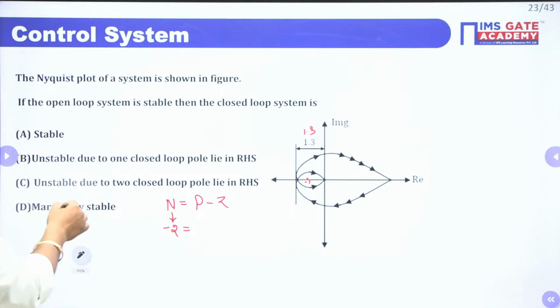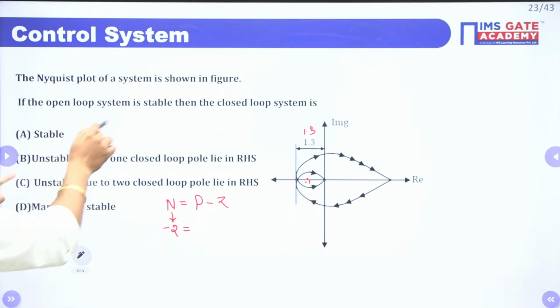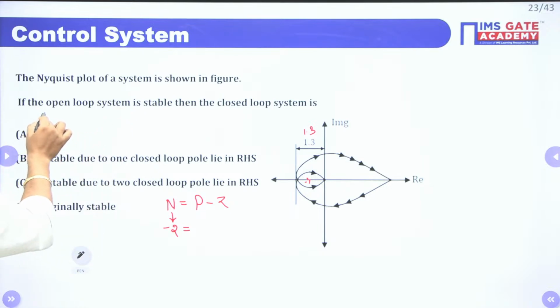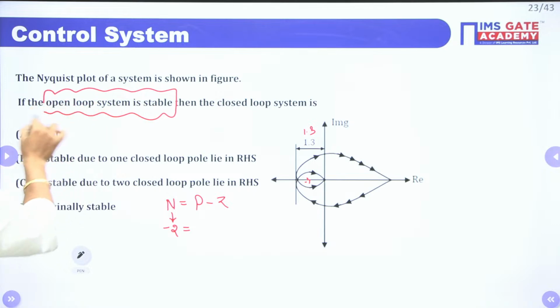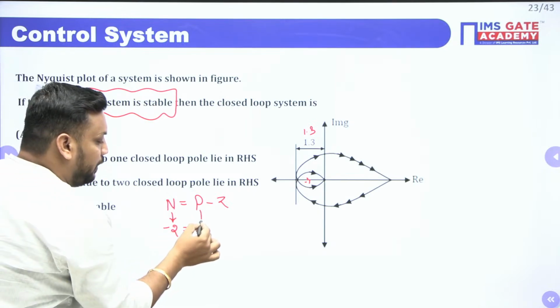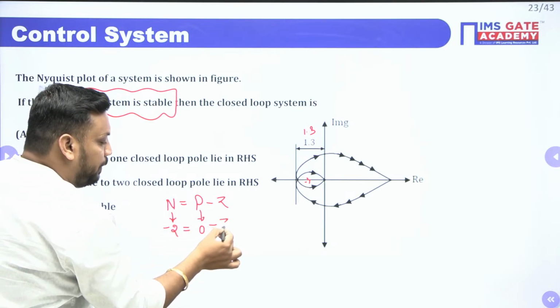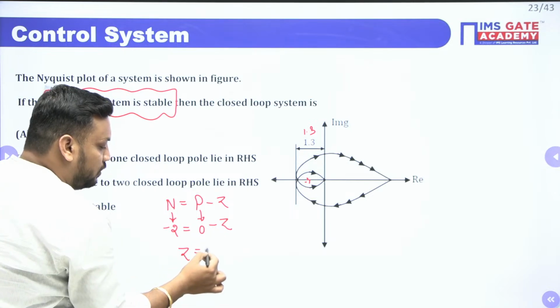P value is what guys? P value is the number of open loop poles. In the Nyquist plot of the system shown in the figure, the statement is given that the open loop system is stable. What is the meaning of open loop stable? Open loop stable itself means P value 0. P value 0, then what is the Z value? Z value is 2.